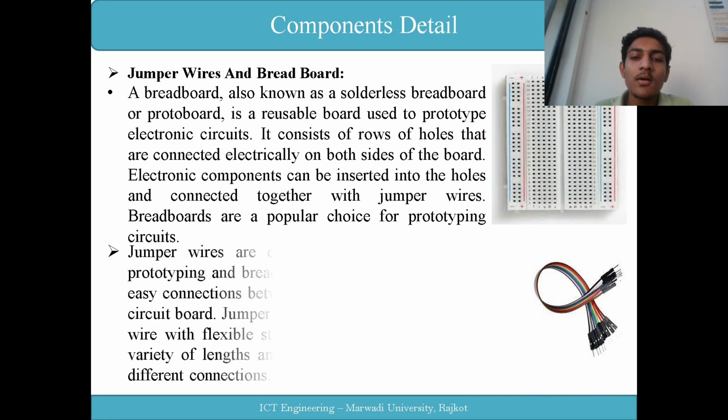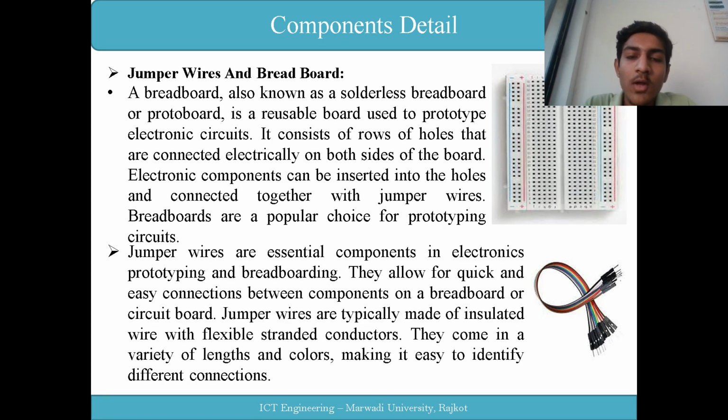For our square wave generator project, we prefer a breadboard and jumper wire for the connections. A jumper wire is a very common wire connection and very easy to use for the connections on a breadboard. We use a breadboard because it is very easy to assemble our components as per the circuit, and it's a very popular choice for prototyping circuits.